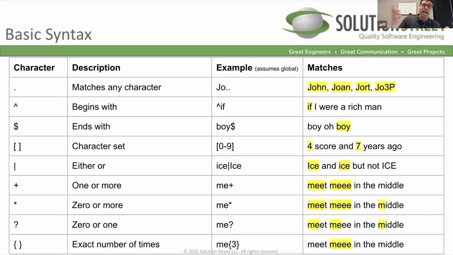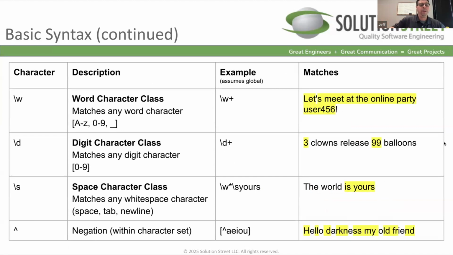If you want an exact number of times, you can use the curly braces, and the 3 E's there are matched just in the M-E-E-E. Continuing, you also have these things called character classes. Character classes are a shortcut to various things that get used over and over again. So \w will match any word character.